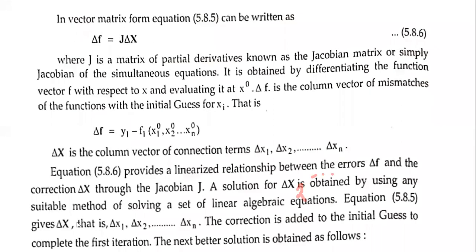In the previous equation, delta x is delta x1, delta x2, up to delta xn. The correction is added to the initial guesses to complete the first iteration.